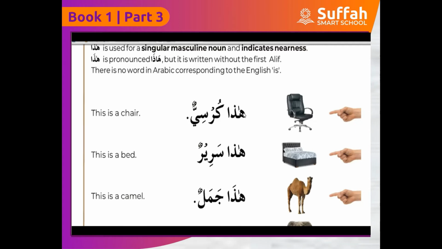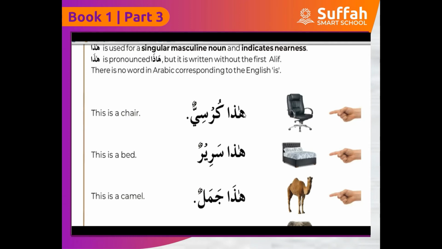I think you will be very happy to feel that now you have started making sentences in Arabic. Just in 2 classes, you are now able to make sentences. Hada kursiyun is a sentence. Let us recall what a sentence is: a group of words which gives complete sense or complete meaning.